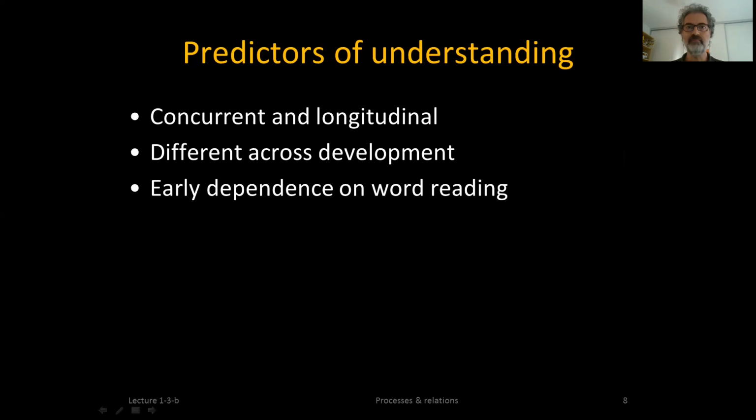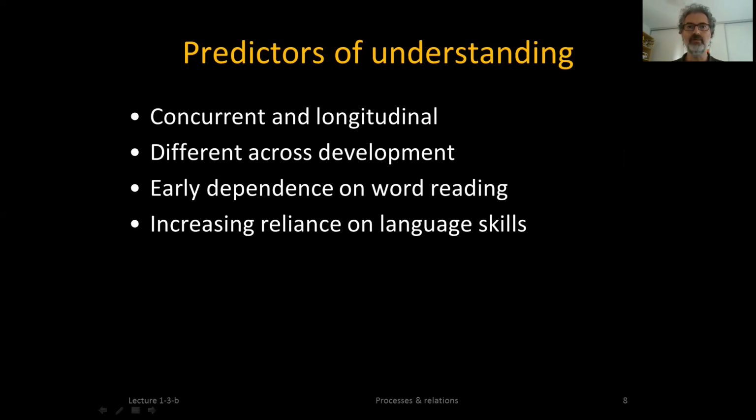As children become better readers and generally can accurately decode most words, reading comprehension becomes less dependent on the ability to decode the words and more reliant on language skills. That's because you can already decode most words, so that's no longer the limiting factor. And the other language skills that are involved in the actual understanding gradually take over as important predictors.